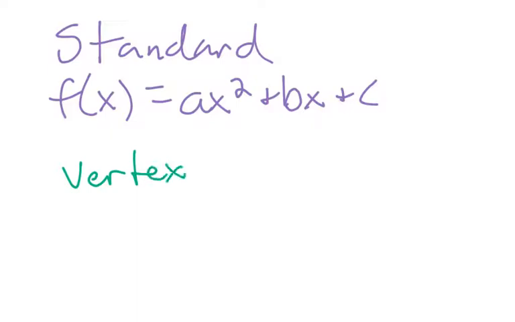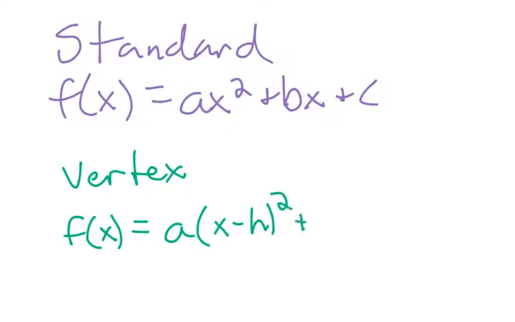So vertex form, we're going to have f of x is equal to a times (x minus h) squared plus k. Now it's going to look a little bit different, and the only letter that overlaps, outside of the letter x, is going to be the a.